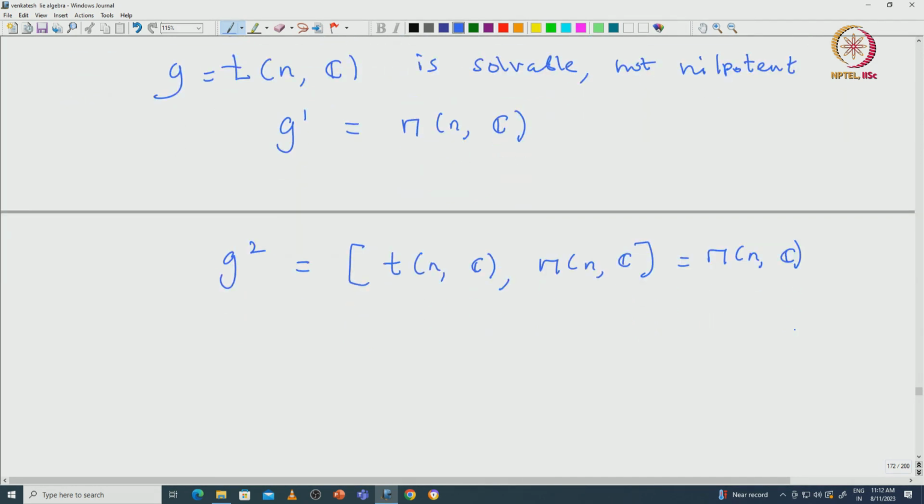This is something I will leave it to you to check. This immediately implies that any G k will be the derived algebra of G, which is N n C. So, that implies this T n C will never be nilpotent.